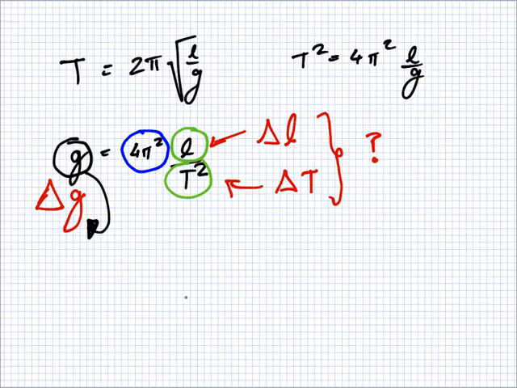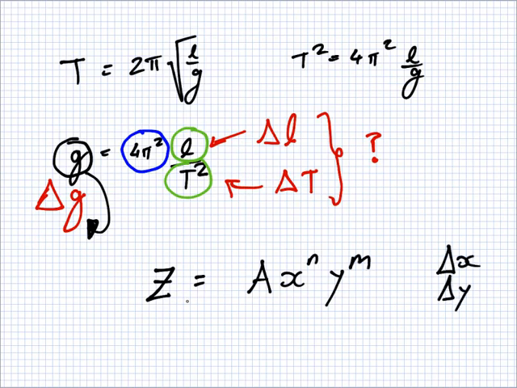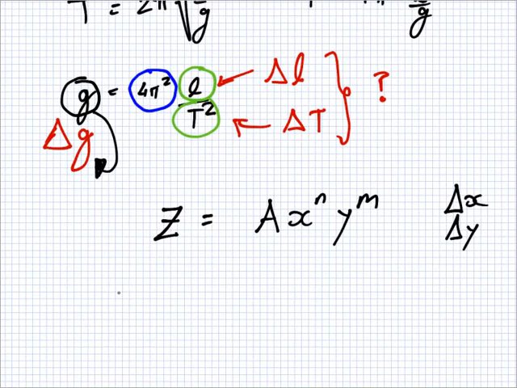So, if you have something like this, Z equals, I don't know, A X^N Y^M, and you have a delta X and a delta Y, and you want the delta Z, you can calculate it like this: delta Z over, do you know what this means if I put a little bar here?